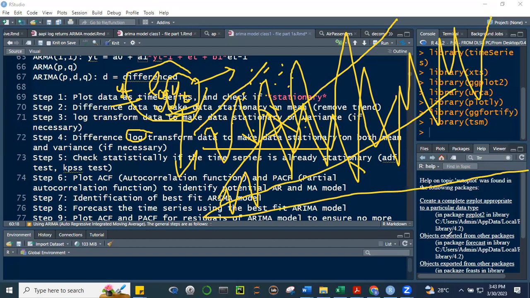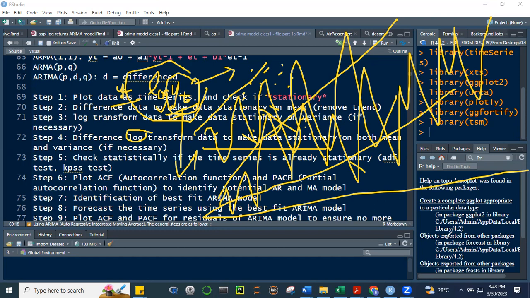Okay, what do we do with that, class? How do we now transform this so that we will have a stationary data series? Any suggestions? The way to go about this is to get the log and get the difference.